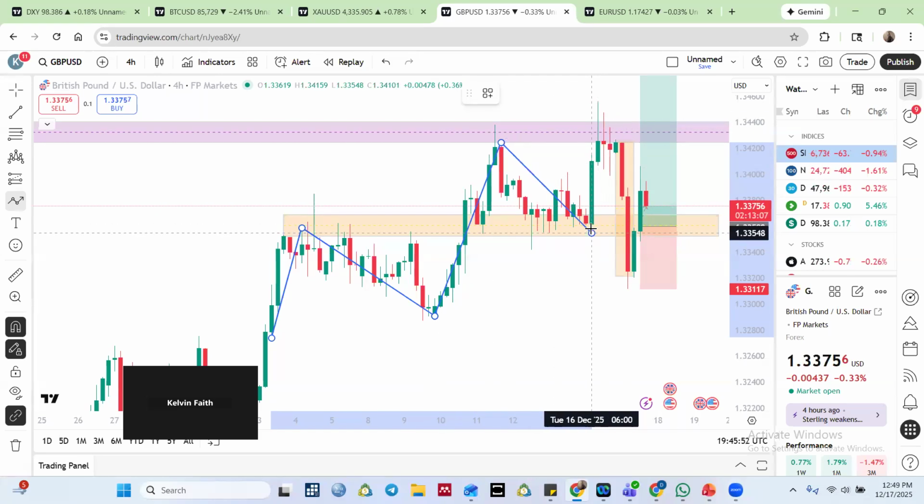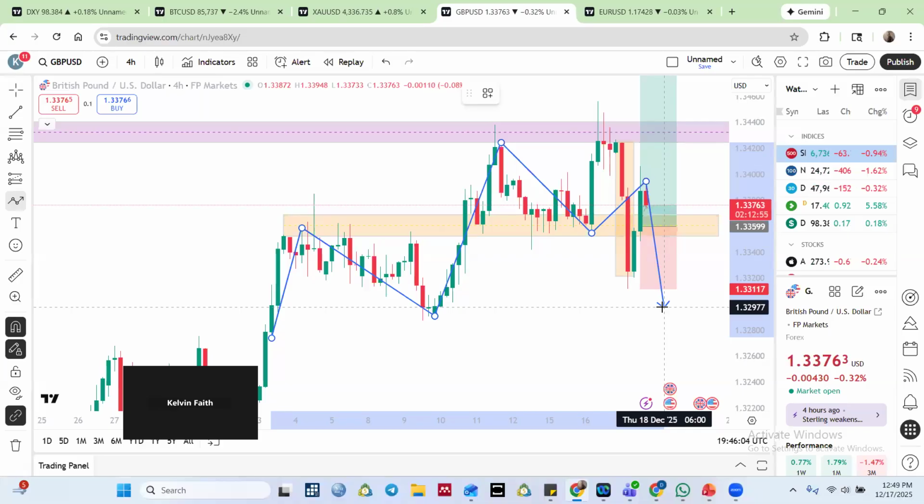And then price breaks this low, it's likely to give us a lower high here. What will be this? Evening star. And this also is like a head and shoulders pattern. So the market is likely to sell from this supply, from this fair value gap. It's likely to sell down.